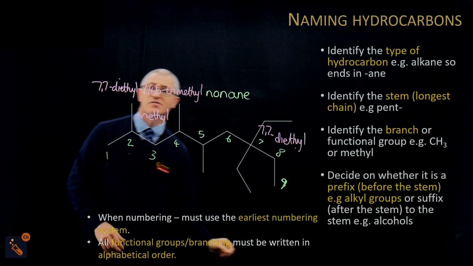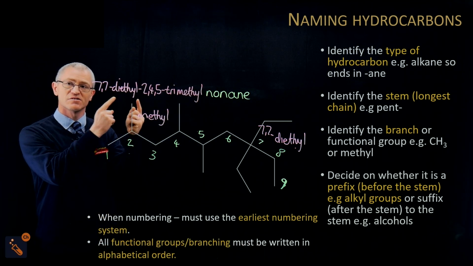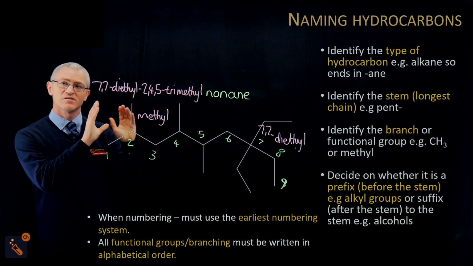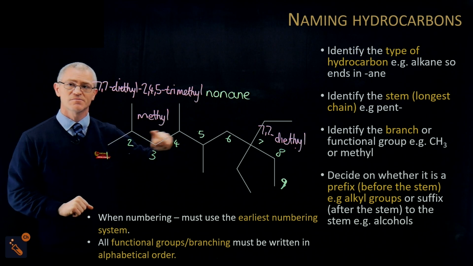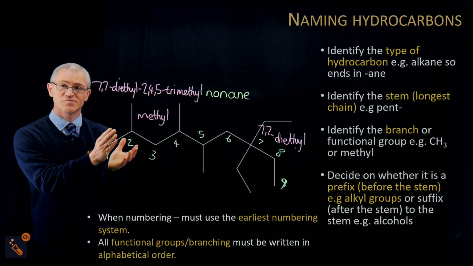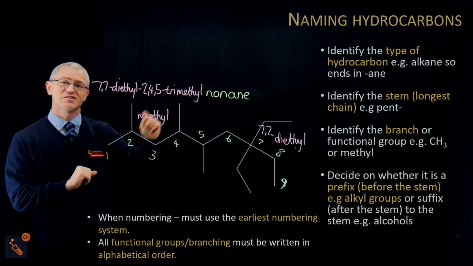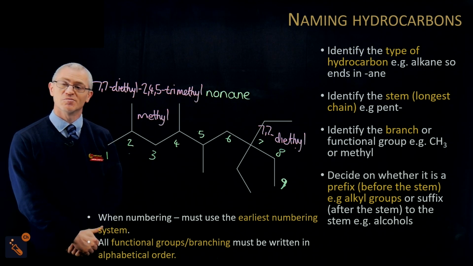And there you have the name of this molecule: 7,7-diethyl-2,4,5-trimethylnonane. Nonane, longest chain. There are 3 methyl groups, which is the tri. There are 2, 4, 5, which is the earliest numbering that we can get. Okay, and the ethyls, therefore, are at 7, 7. And that's how you name a complex hydrocarbon.